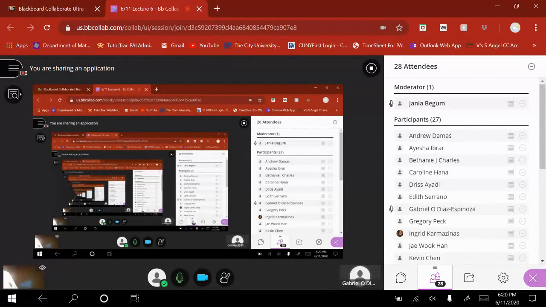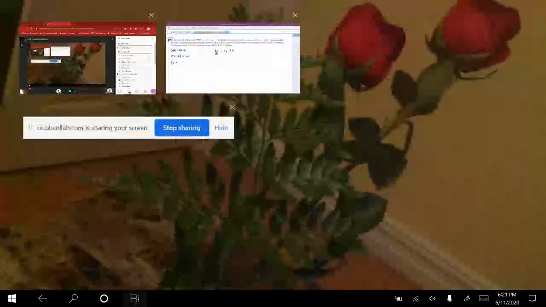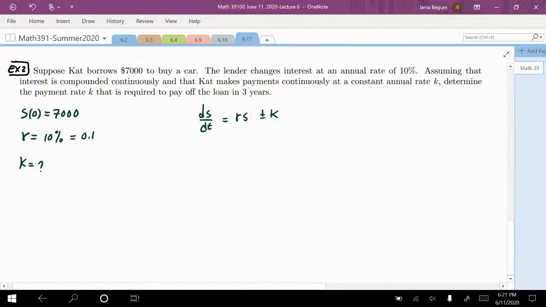Look for a case such that when you solve the differential equation, you get s of 3 equals 0. Right. So we want to know when t is 3, because in 3 years you want to pay off the entire loan. So you want your balance to be 0 in 3 years. So you want to determine what is the k amount you have to pay every year.